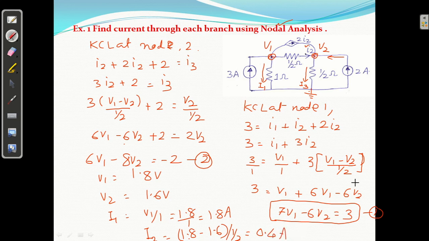I3 equals V2 upon half. V2 is 1.6, upon half equals 3.2 ampere, right?